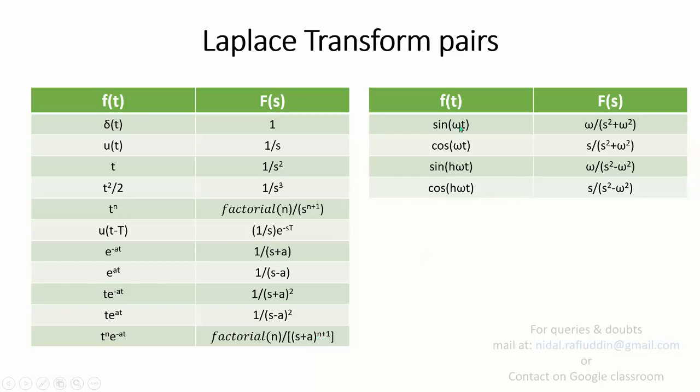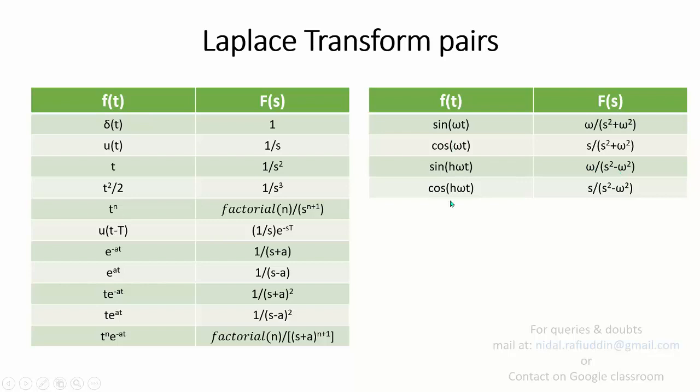Then you have Laplace transform of f(t), sine omega t as omega over s square plus omega square, cos omega t is s over s square plus omega square, sine hyperbolic omega t is omega over s square minus omega square. So note that you have the difference of plus and minus in the sign for sine omega t and sine hyperbolic omega t.